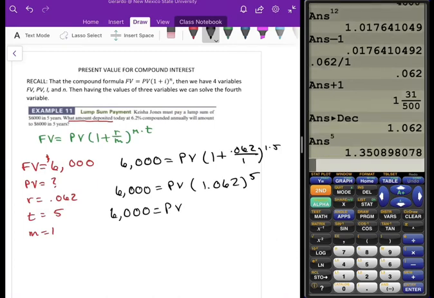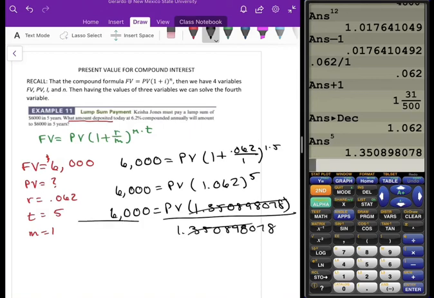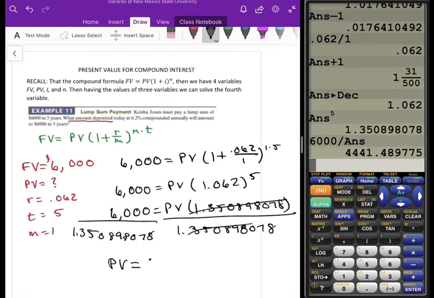So I have 6,000 equals present value times 1.350898078. Divide that by both sides. What you do to one side, you must do to the other. So I have that present value equals 4,441.49.